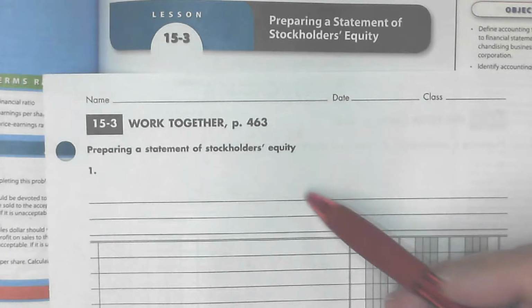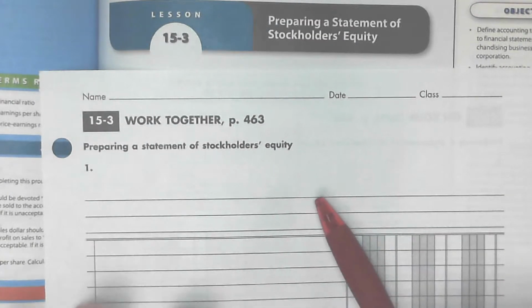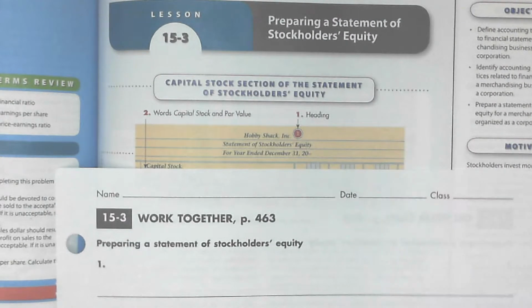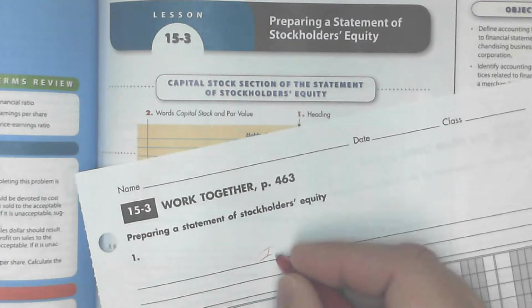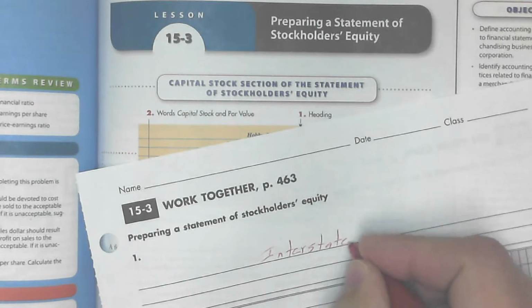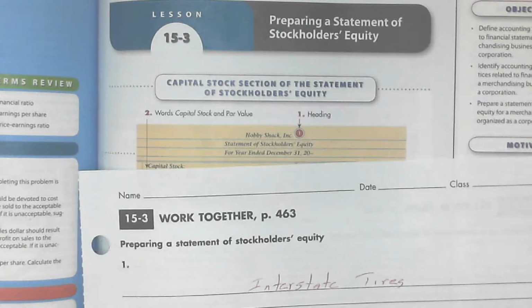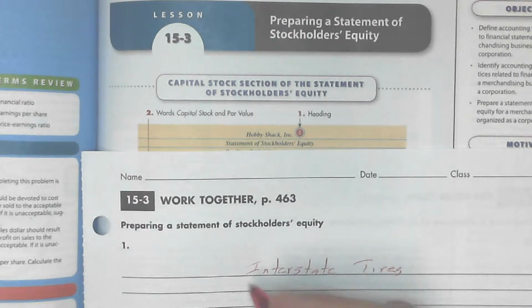So we're going to start off with the header of the statement. Got to fill it out just like the one in the book. So the name of the company is Interstate Tires, and it's the statement of stockholders' equity.